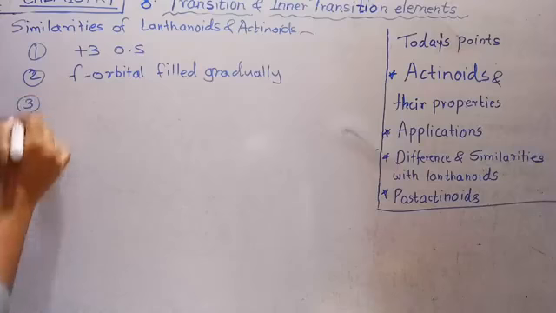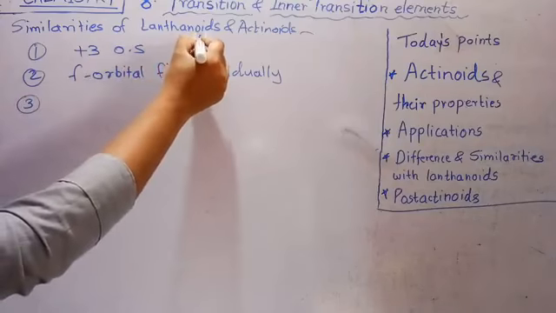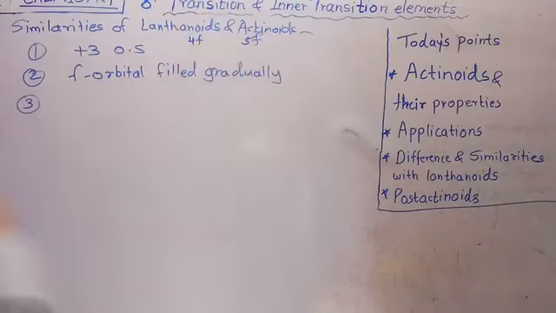Right? For the lanthanoids, there is the filling of the 4f orbital, and for the actinoids, there is the filling of the 5f orbital. That is the 4f series, and the second is the 5f series.